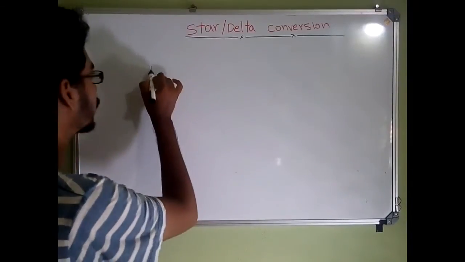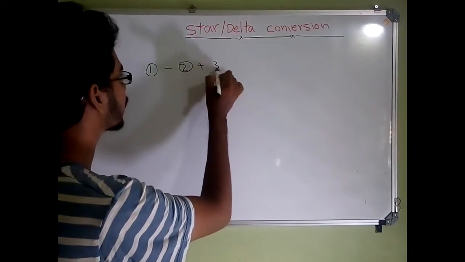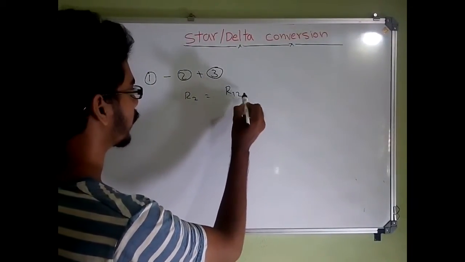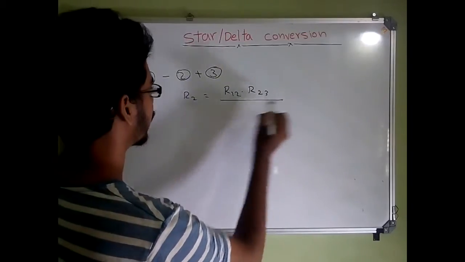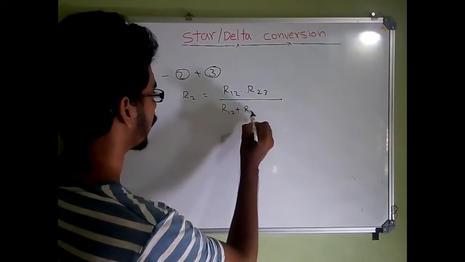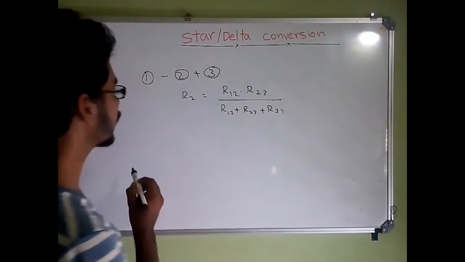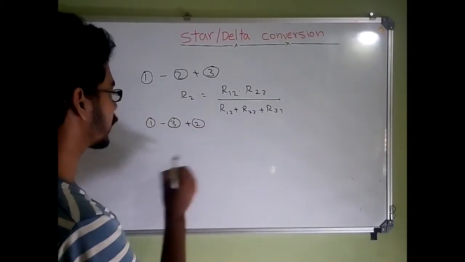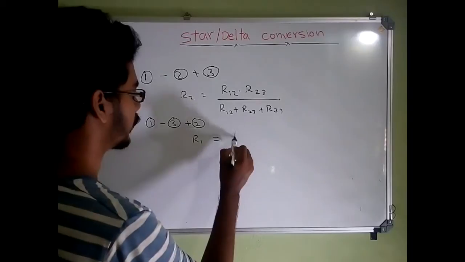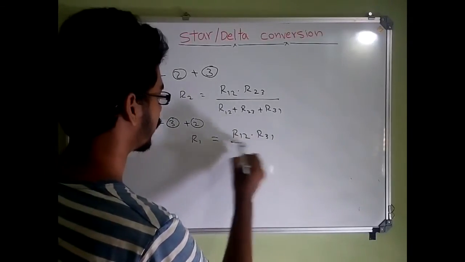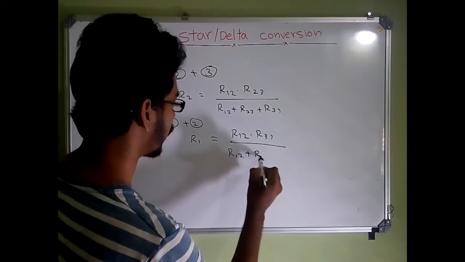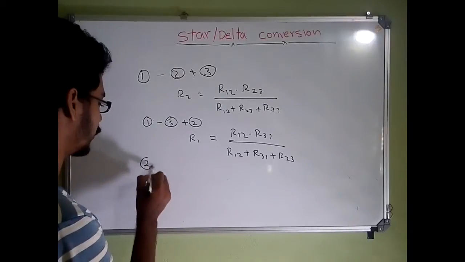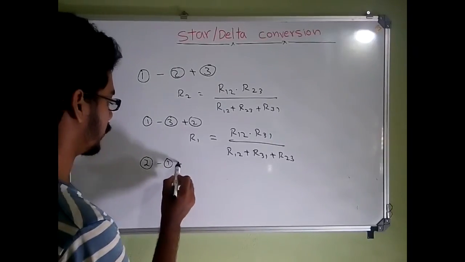Now do equation 1 minus 2 plus 3. Thus doing this we get R2 equal to R12 into R23 divided by R12 plus R23 plus R31. So similarly we can do equation 1 minus 3 plus 2. From this we get R1 equal to R12 into R31 divided by R12 plus R31 plus R23, and similarly we can do equation 2 minus 1 plus 3.